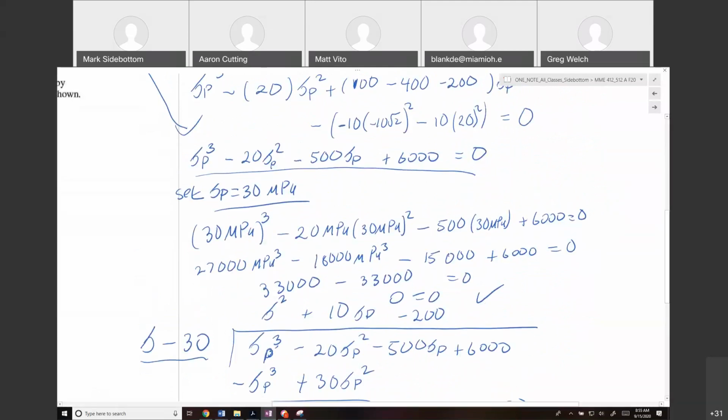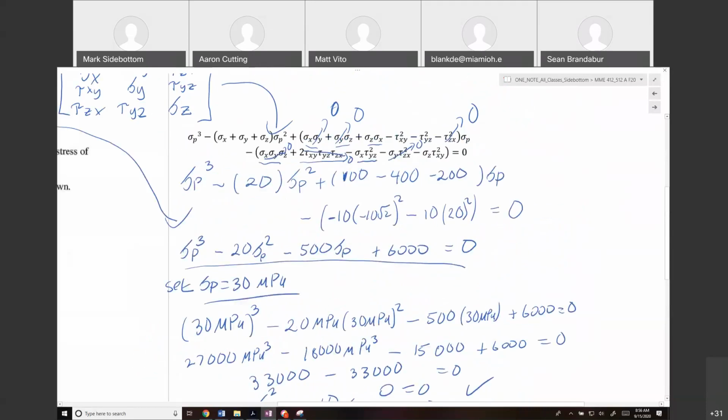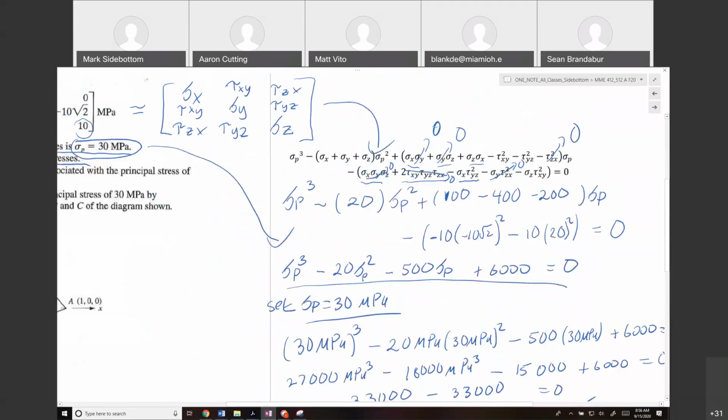In the case of, maybe if this showed up on a quiz, if we were to just graph it and solve for the roots graphically that way, would you still want us to check using hand calculations similar to this? I would like to have some alternate verification that these principal stresses are correct. So what you could do, Sean, is in the first part we had this equation here.